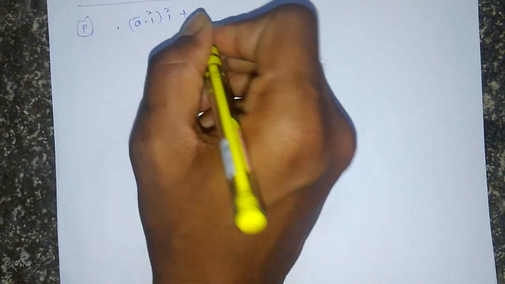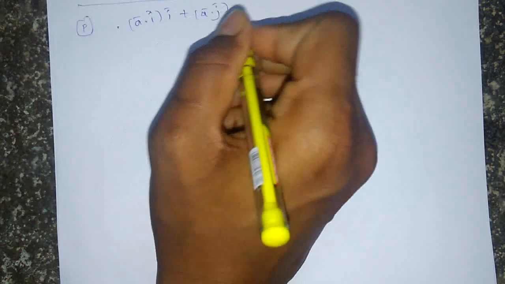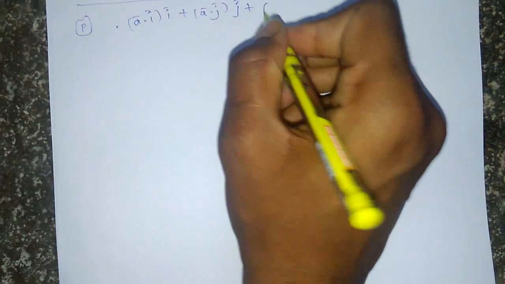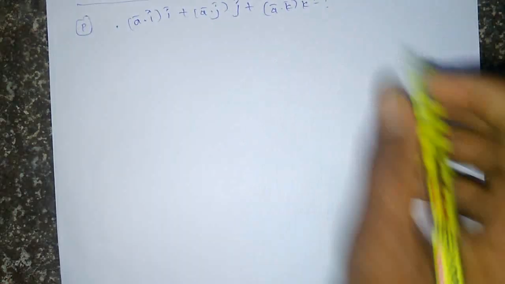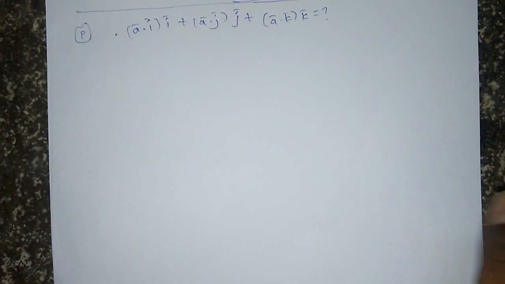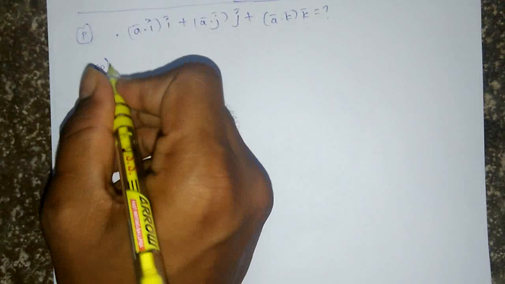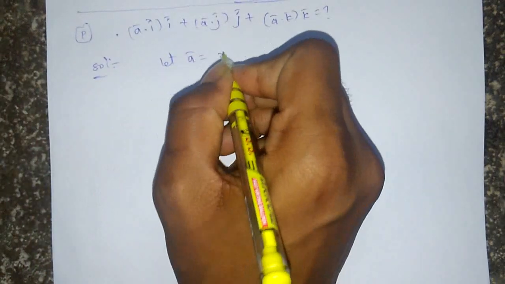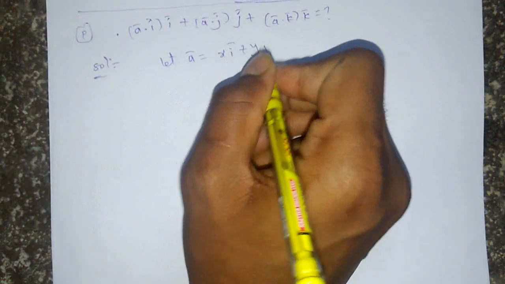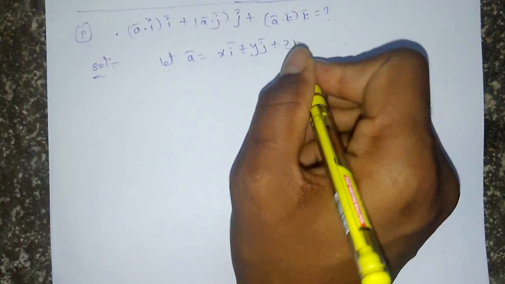So our next problem is: a bar dot i bar into i bar plus a bar dot j bar into j bar plus a bar dot k bar into k bar is equal to what? Okay, so let us take a bar is equal to xi plus yj plus zk.